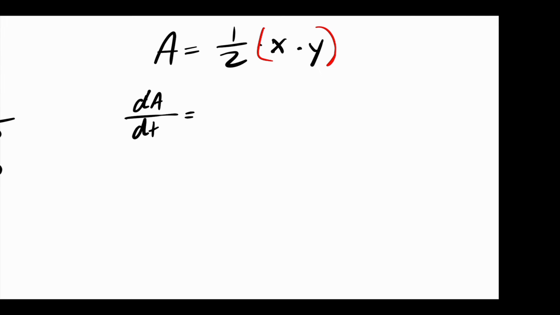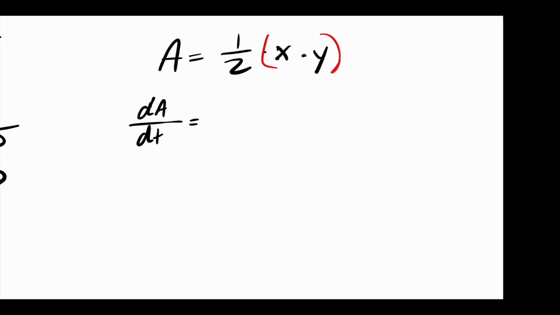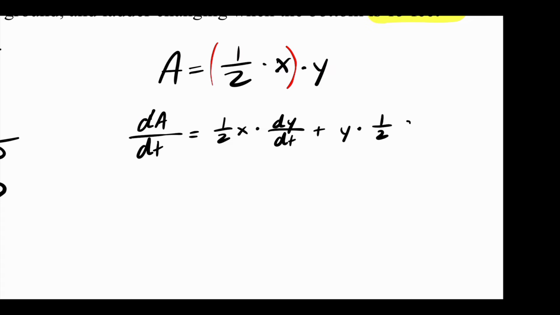You could do 1/2 as the coefficient, or you could put the 1/2 with the x, it doesn't matter. Whichever's easier for you. Okay? So if I leave it like that, we have the first times the derivative of the second plus the second times the derivative of the first.